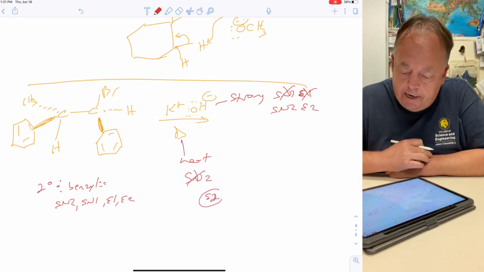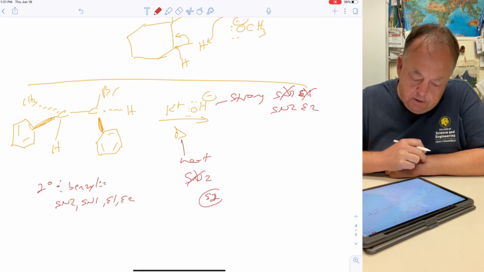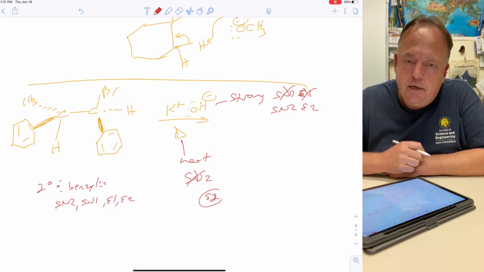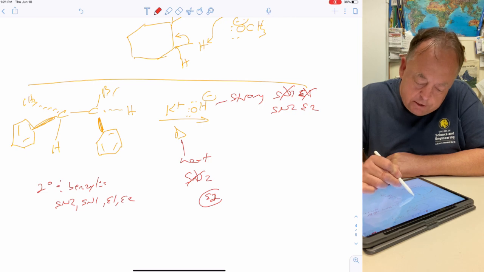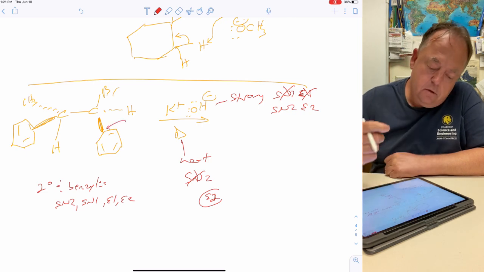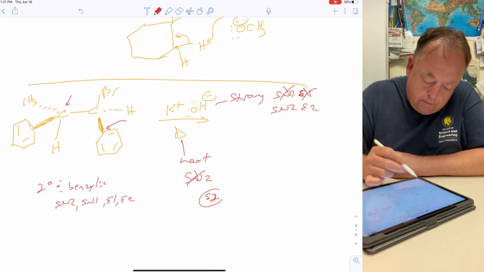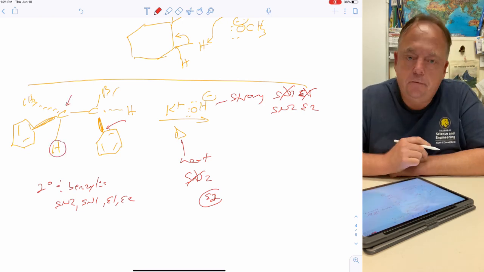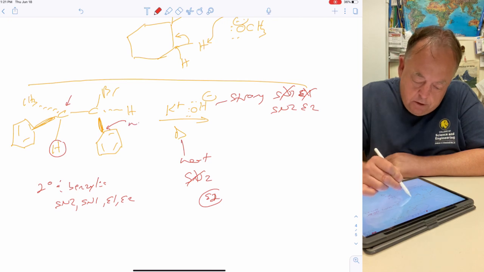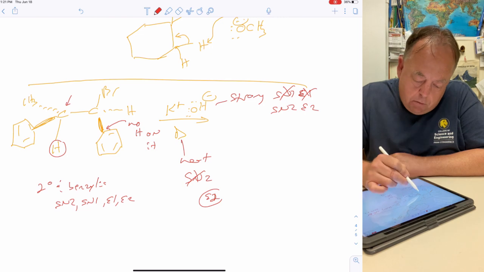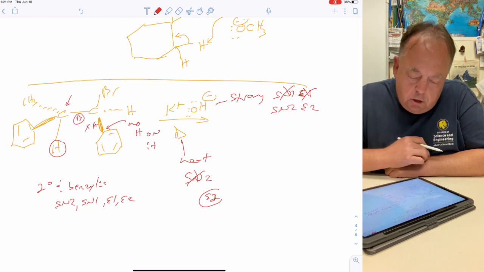So it's an E2 reaction, so how many places can you put a double bond? Well, you have to lose a hydrogen from a carbon next to the carbon with the leaving group. So that means that carbon, or that carbon, which would mean that hydrogen, right? And this carbon has no hydrogen on it, so you can't put a double bond here. Your only choice is to put a double bond at B.